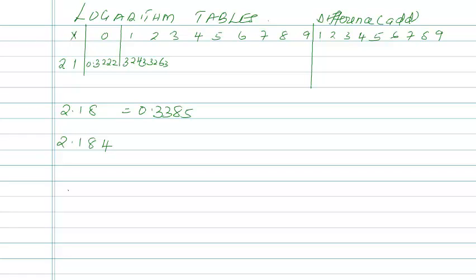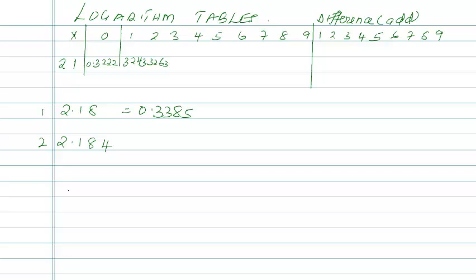And the value that you read at 4 on the right hand side, you add it to the value that is at 2.18. From case 1 there, at 2.18, the answer was 0.3385. And if you go to the last columns, at 4 we have 8.